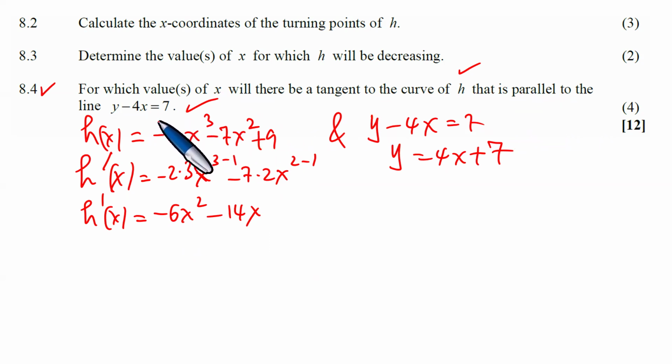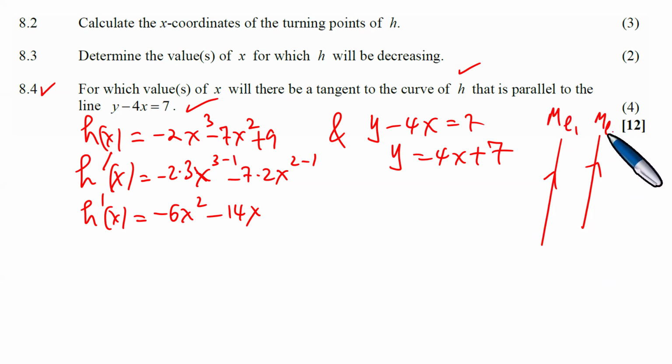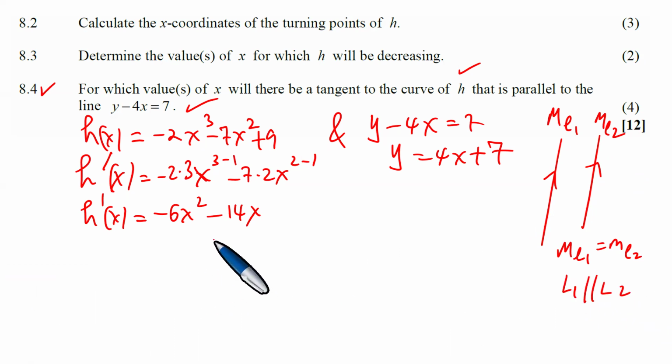Two lines are parallel in algebraic geometry when you can find the gradient of line 1 and the gradient of line 2, and the gradient of line 1 is equal to the gradient of line 2. So two lines are parallel to each other when the gradients are equal, so that line 1 is parallel to line 2.